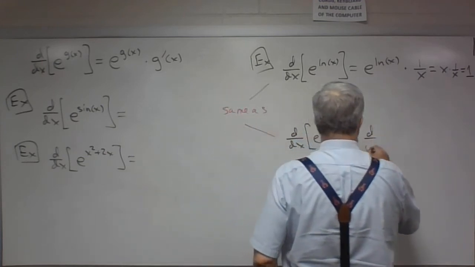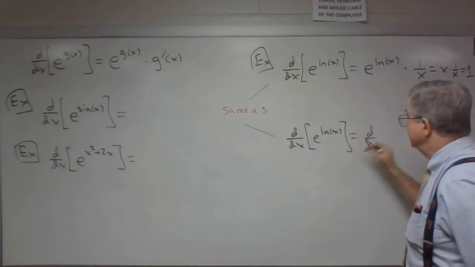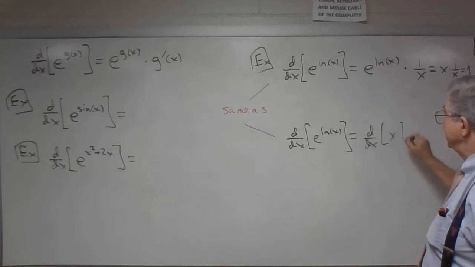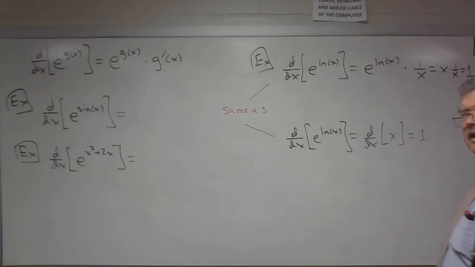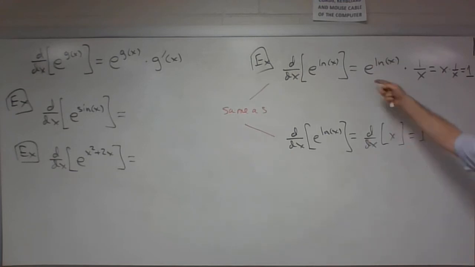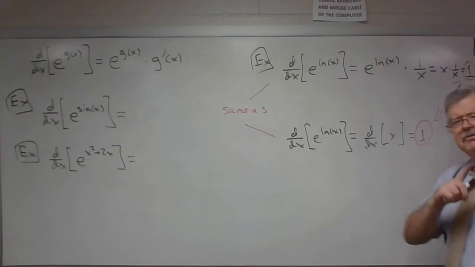So we're computing the derivative of x, and that's just 1. Okay. We did this 2 different ways. We got the same result each time. Bravo. Let's do some more of these.